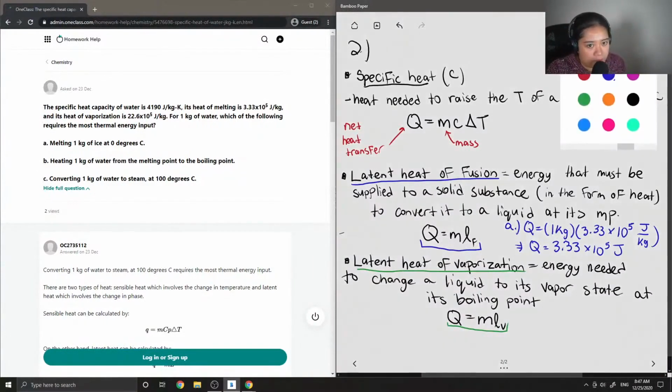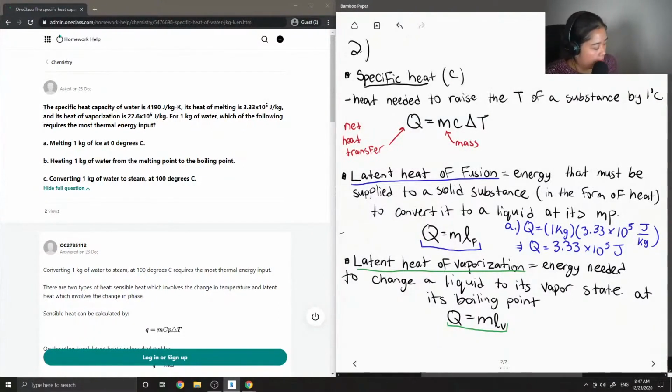Okay, so when we solve for B, heating 1 kilogram of water from the melting point to the boiling point, we would be using the first equation, Q equals mc delta T. So Q is equal to 1 kilogram times C, which is 4,190 joules per kilogram times Kelvin.